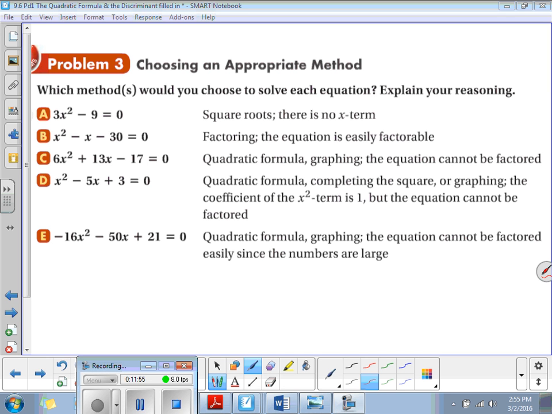Because you cannot multiply anything to get 17 where you can add it to get 13. You see that? So this is how you're choosing which way you're going to find the solutions.